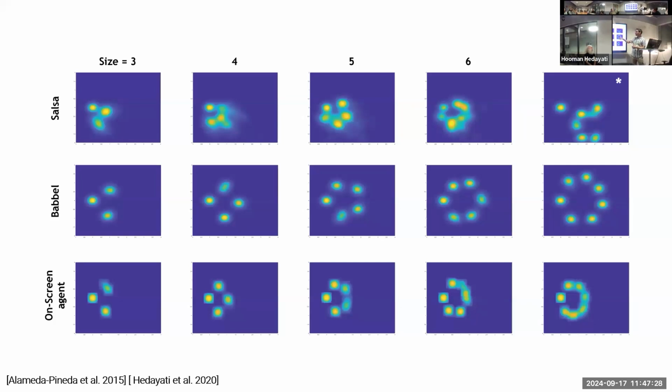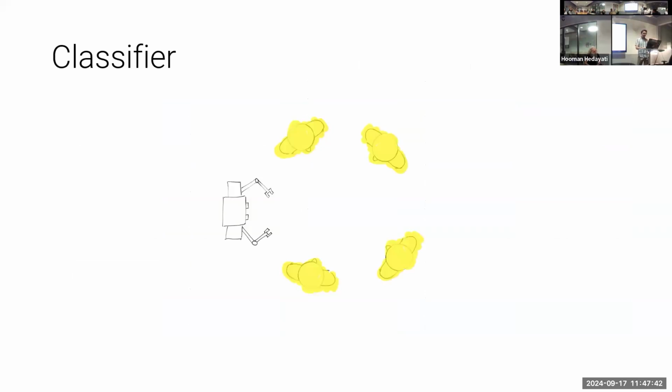So if I know the position of the robot, which is 0, 0, I know where people are going to stand based on the size of the group. I'm going to give you an example here, and we train a classifier for it.